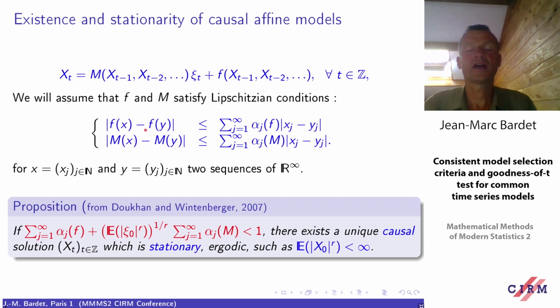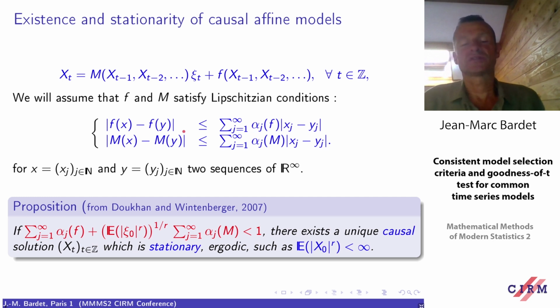So if f and m satisfy Lipschitzian conditions, that is, when you consider x and y, which are some sequences of real numbers, you define the Lipschitzianity as the difference of f(x) and f(y) in absolute value should be less or equal to an infinite linear combination of |x_j minus y_j| in absolute values.